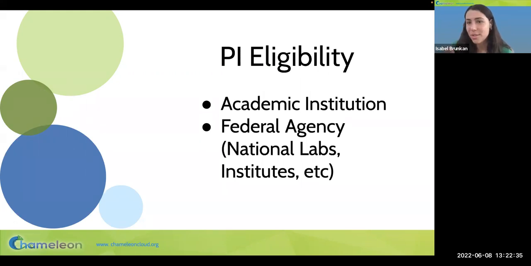And then they can add you as a user. And once you're a user on a project that has an active allocation, so you have SUs to use, you can use any of the Chameleon resources. So it's a pretty seamless, easy process. But that's kind of how it works.